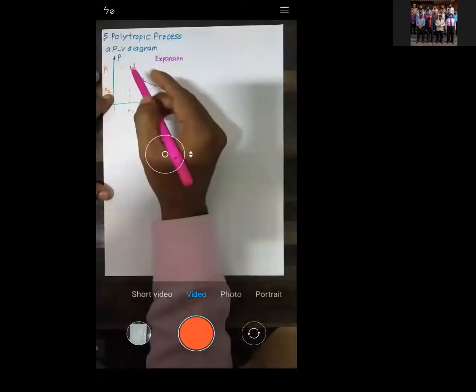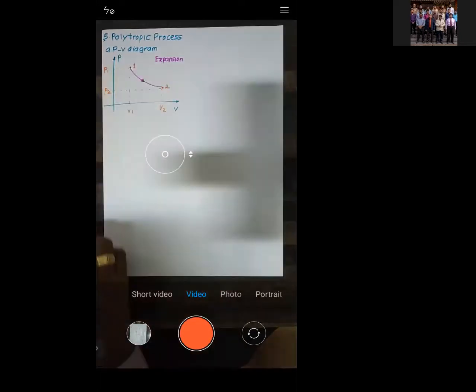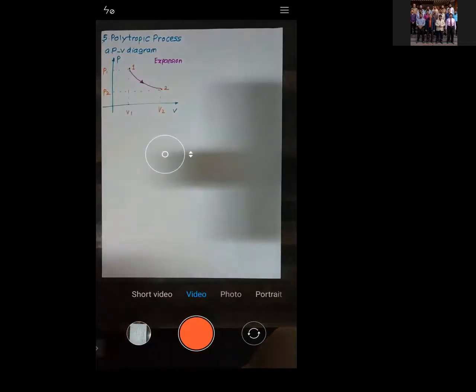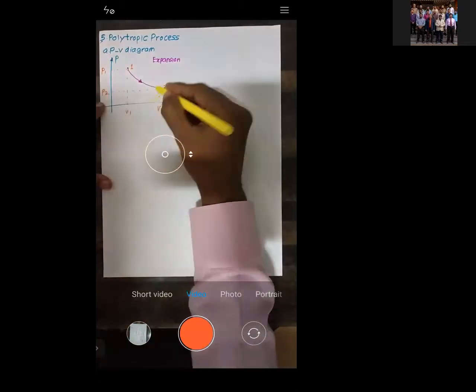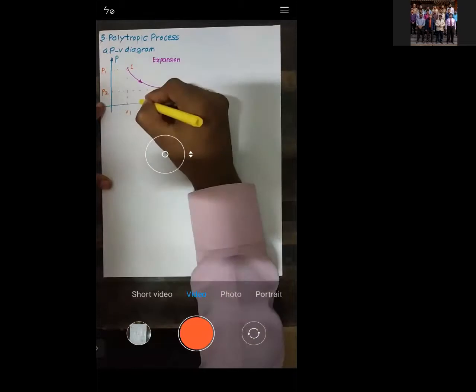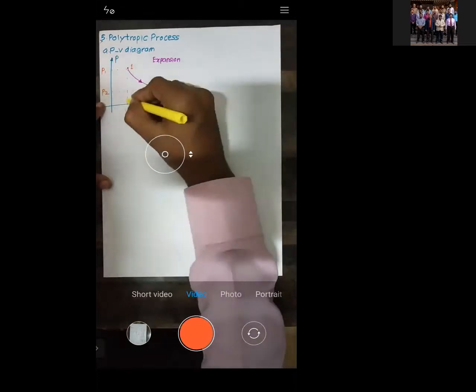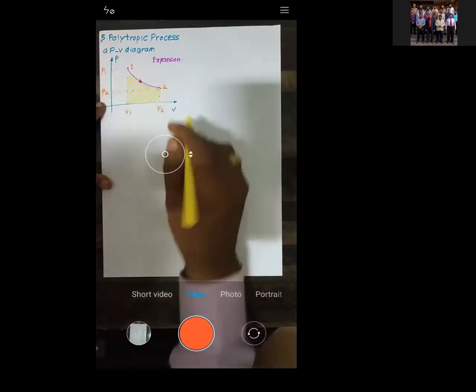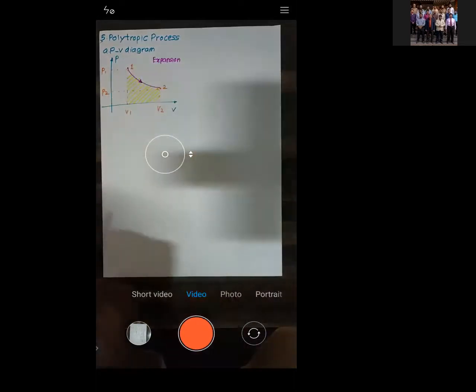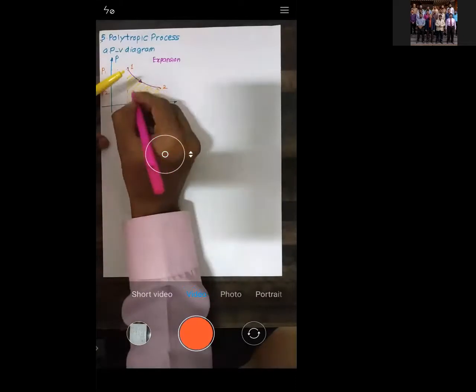As you plot this process on a PV diagram, the area below the process gives you the value of work transfer, that is, the work done during process 1 to 2.